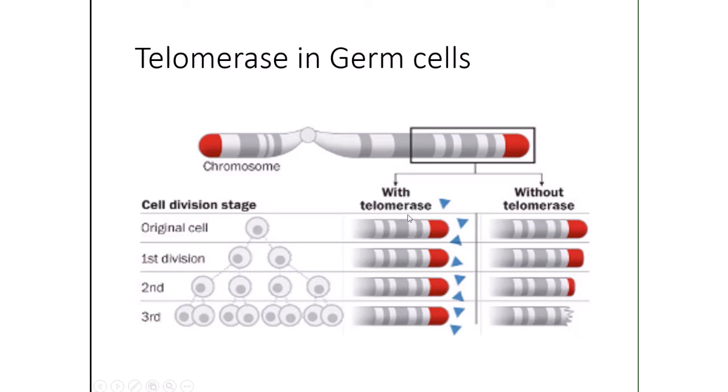Okay, however, in germ cells, cells that will become sperm and eggs, they have the telomerase, so they replenish the length of the telomeres after each division, right? So that way, when the sperm and the egg combine to form the baby, it will have fresh telomeres to start with, rather than inherit critically short telomeres. So that's why it's not a problem if you're not cloning with a nuclear transfer.